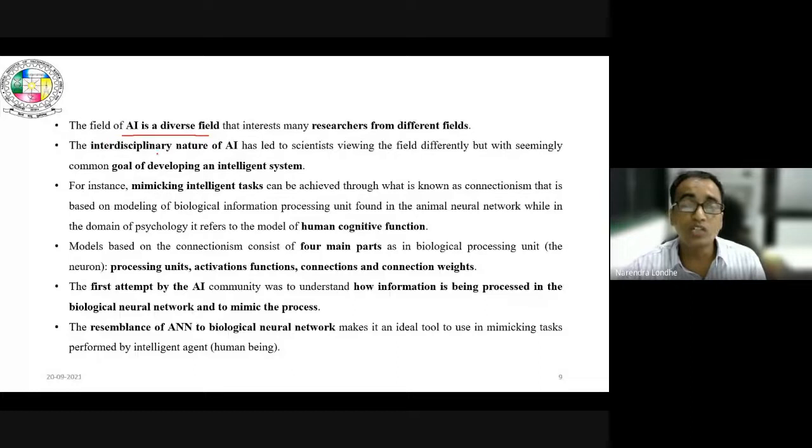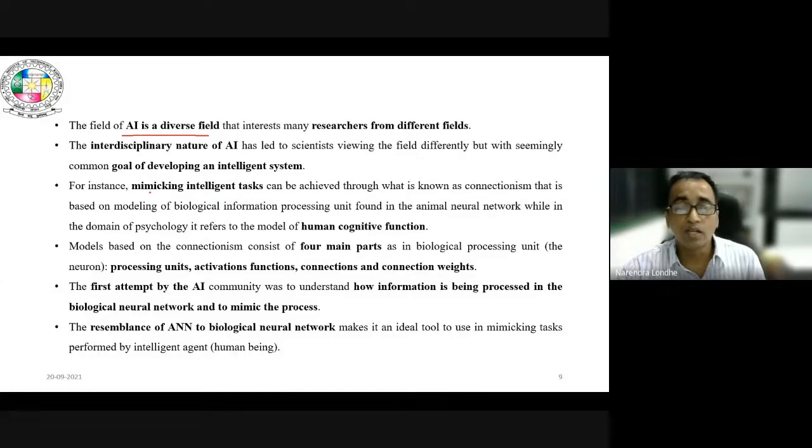So it is a very huge field, right? If you see the researchers involved from different fields, you will find mathematicians involved here. You will find computer scientists involved here. As per the applications, it is used in mechanical, electronics, electrical. The majority of fields are using it right now, right?